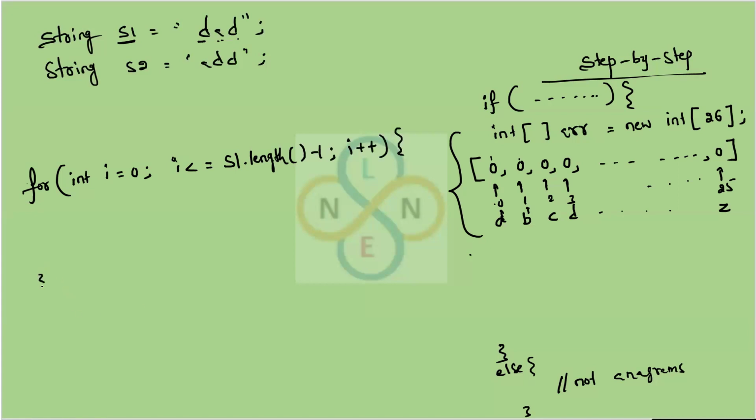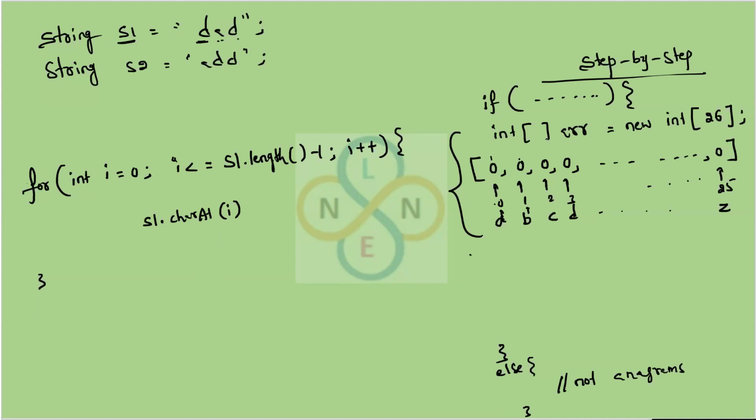The purpose of this is, once we find each character of the string S1, we are going to increment the value at that particular character's position. For example, if you get S1.charAt(i), what is this going to give in our scenario? It's D. So it means we have to find D's position.